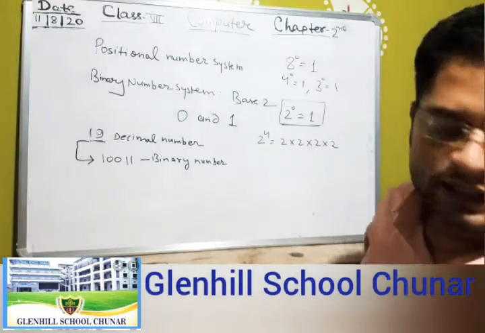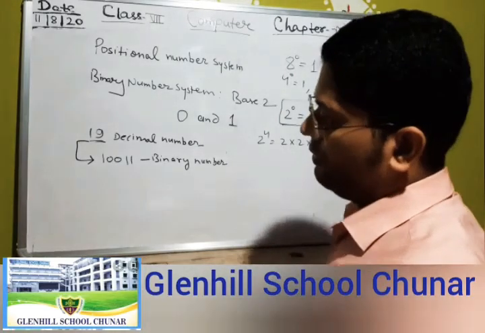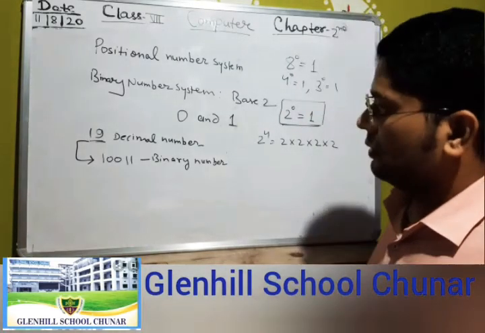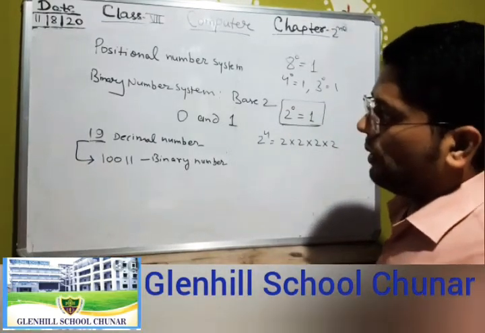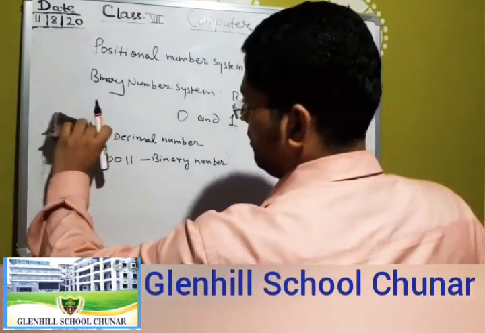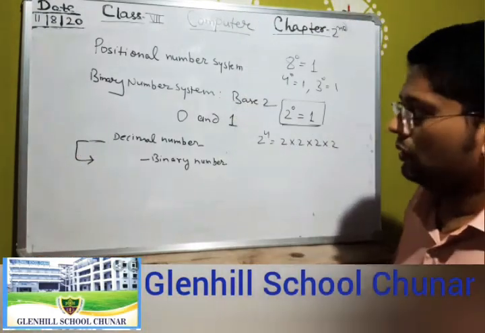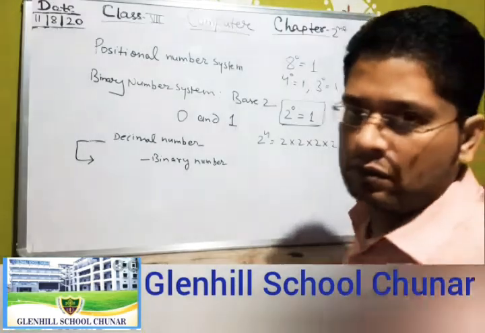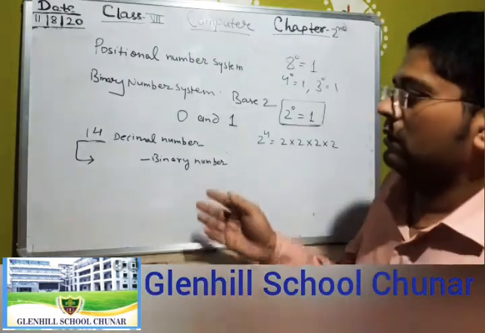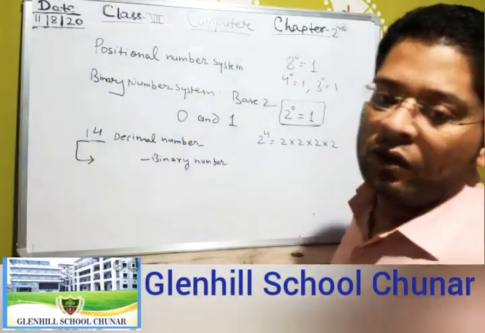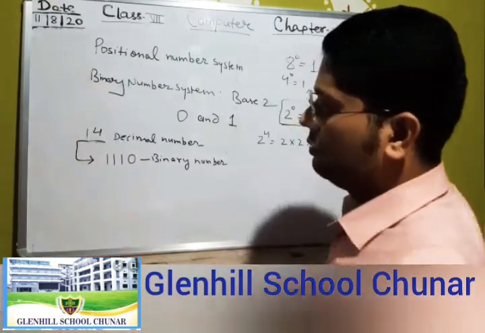Let's take a fourth binary number. Suppose the decimal number is 14, and the binary number of 14 is 1 1 1 0.